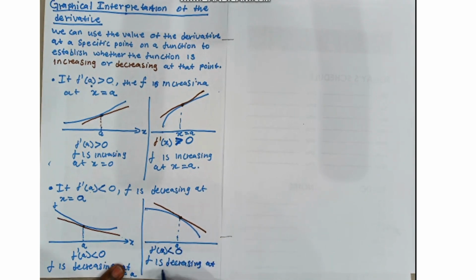So f prime of a, which is a specific point, is less than 0. So our f is decreasing at x is equal to a, which is the specific point that is given at that particular moment.